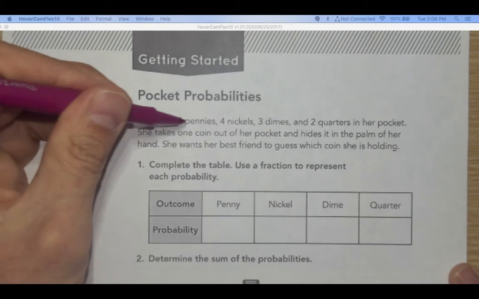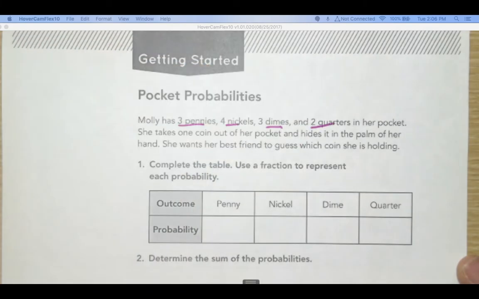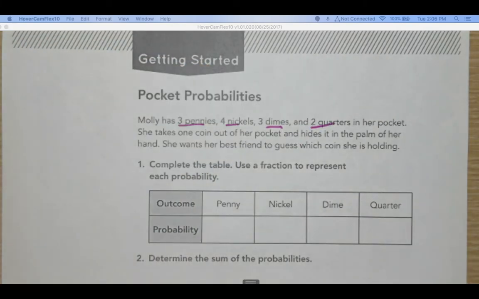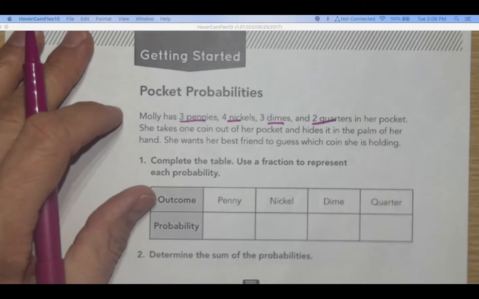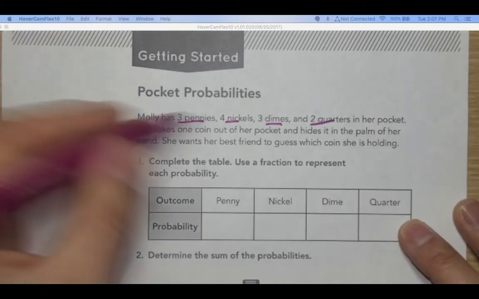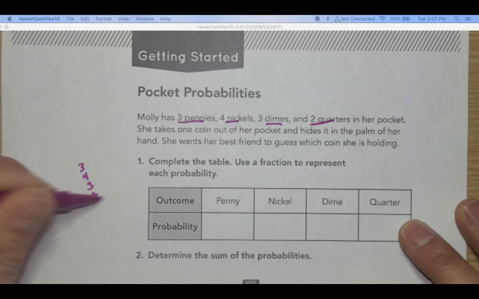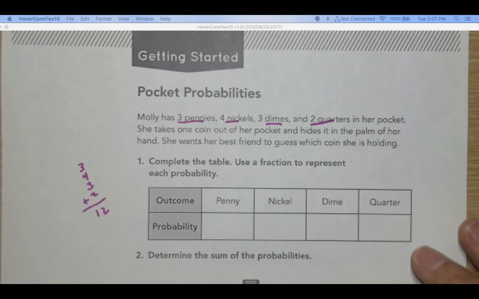Okay. So if I look at this, there's 3 pennies and 4 nickels and 3 dimes and 2 quarters. In a perfect world, you'd pause, do the problem, then watch the video. So if I was to add those all up, it would be 3 plus 4 plus 3 plus 2, which is going to be 12 total coins.